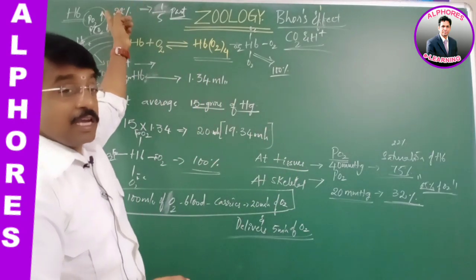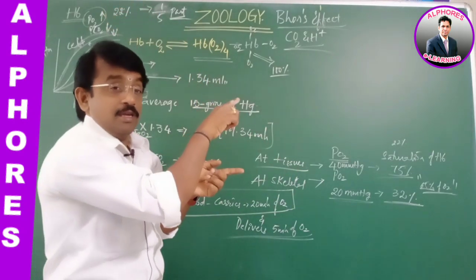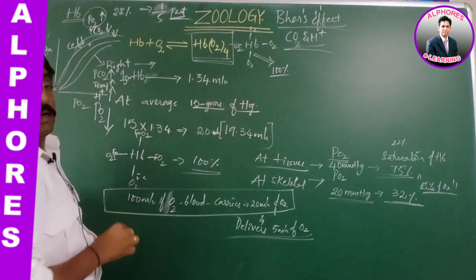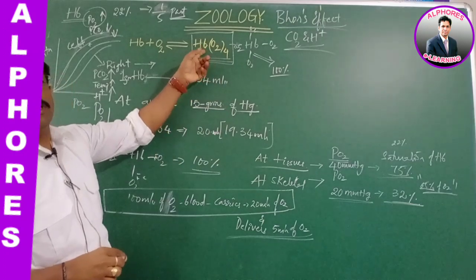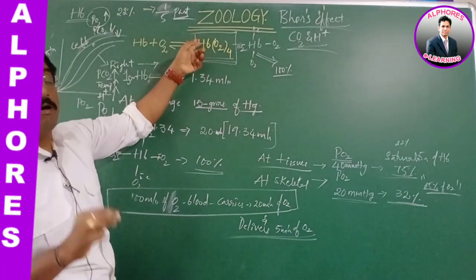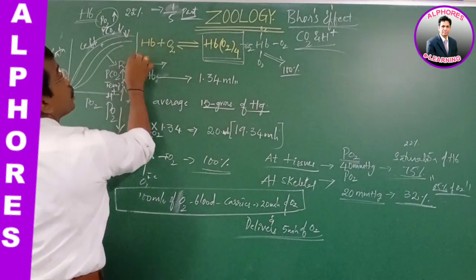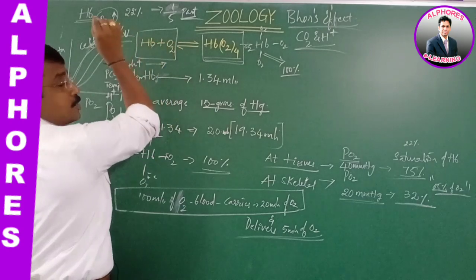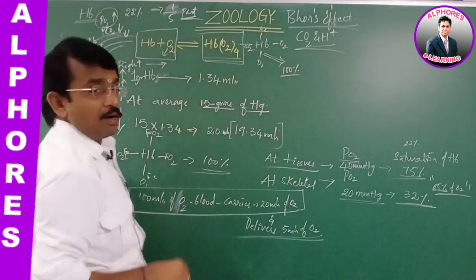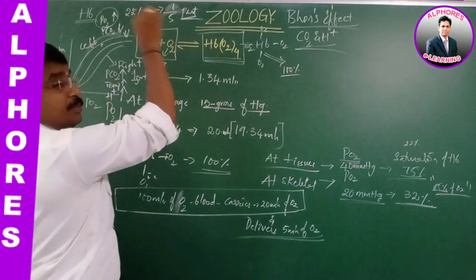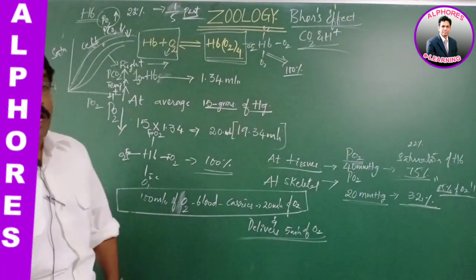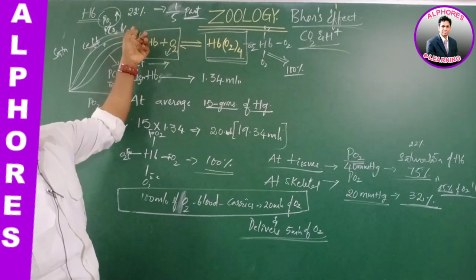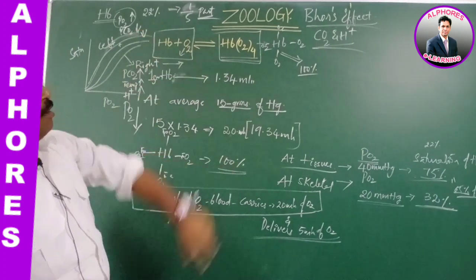There the hemoglobin receives the oxygen at the lungs, so oxyhemoglobin is formed. This is named oxygenation, whereas at tissues the partial pressure of oxygen is less, so oxyhemoglobin dissociates and liberates the oxygen. So it is a reversible reaction, proceeding from left to right and right to left, right?